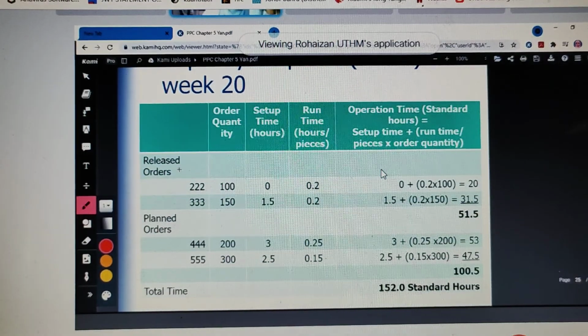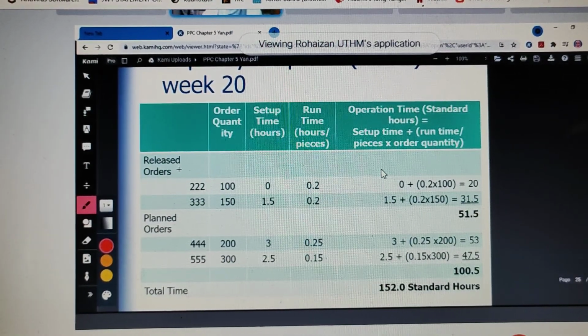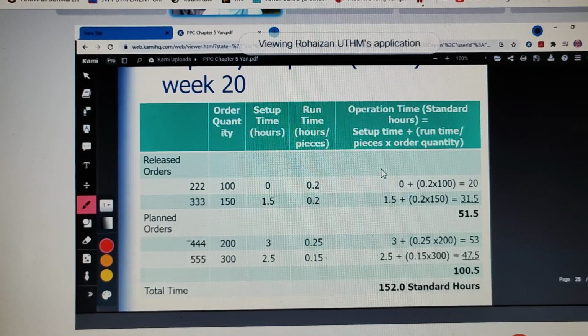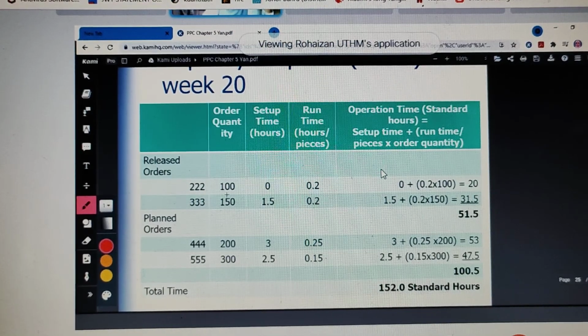So we know our release orders for components 222 and 333, and the planned orders for components 4444 and 555. So we know the order quantity for each component, and we also know from the routing file the setup time and the run time. So we need to find the operation time or actual time.